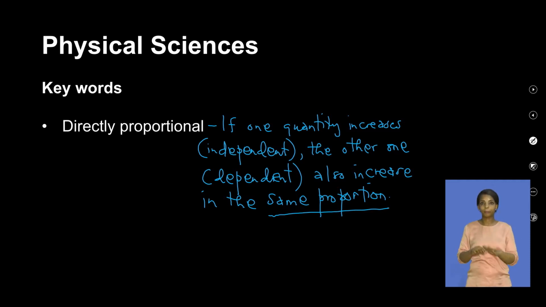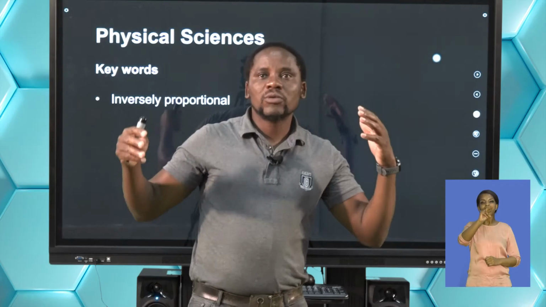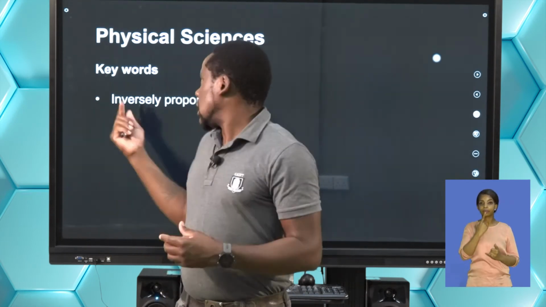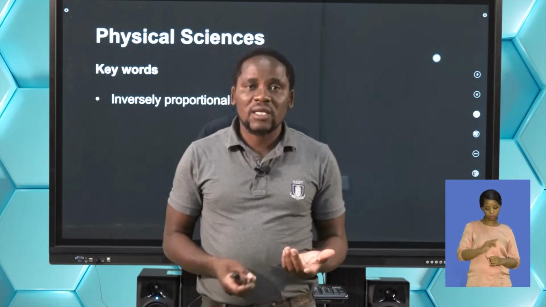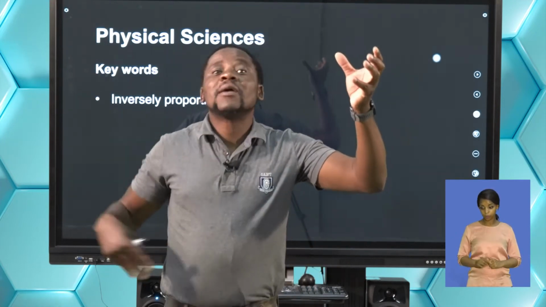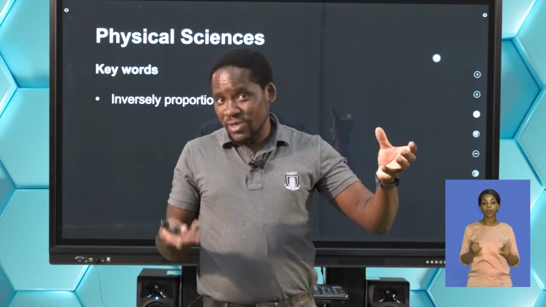And then the other term is inversely proportional, okay? Now, if we talk of two quantities or variables becoming inversely proportional to each other, what that simply means is that when one increases, the opposite happens to the other. But the issue of proportion also comes through as well.